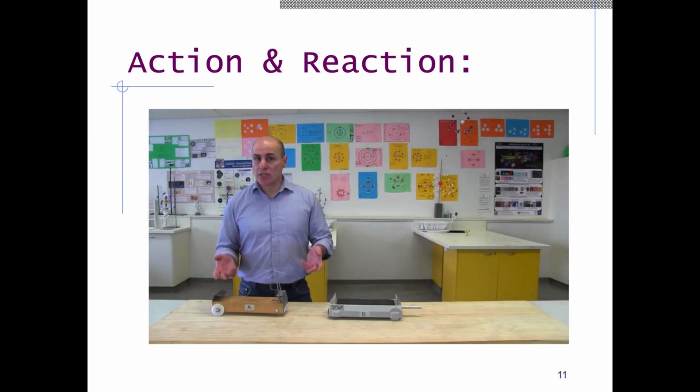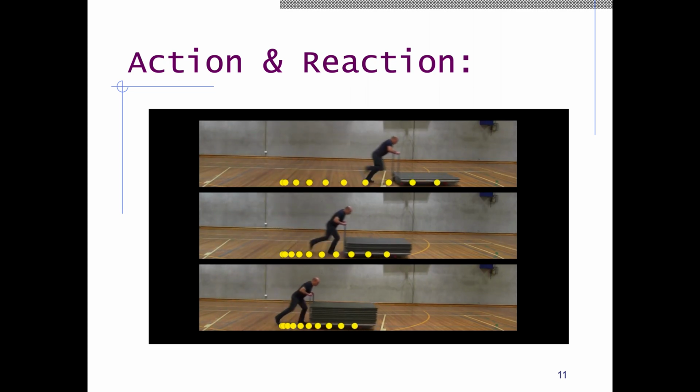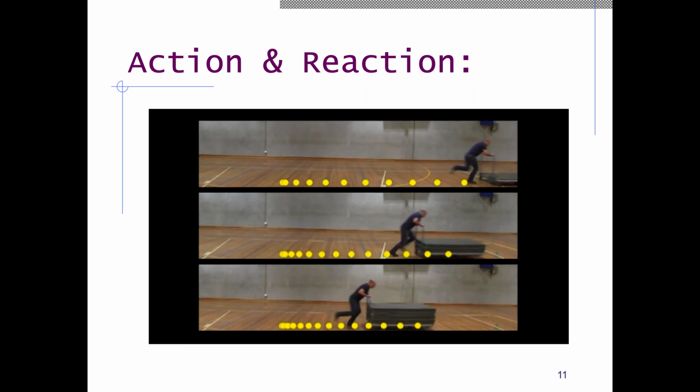Now, even though the action force and the reaction force are always equal in size, the effect on the acceleration of each object varies depending on the mass of the objects that the forces act on. Let's go back to Newton's second law for a moment, F equals ma. For any given force, the acceleration of an object will be smaller when the mass is larger.